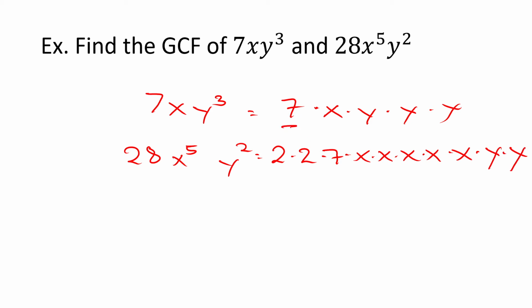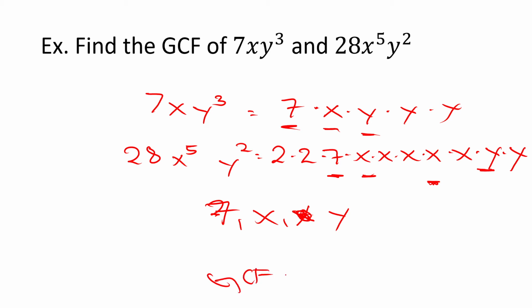Underline common factors, 7's, an x, a y. So let's list them, 7, x, and a y. So if you put them together, your GCF is 7 times x times y, or 7xy.